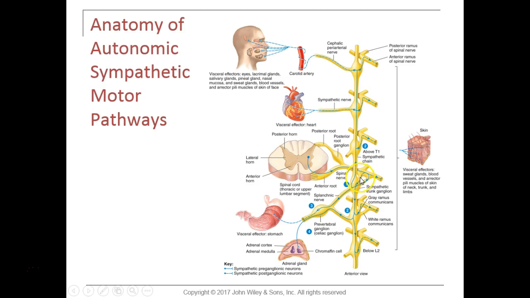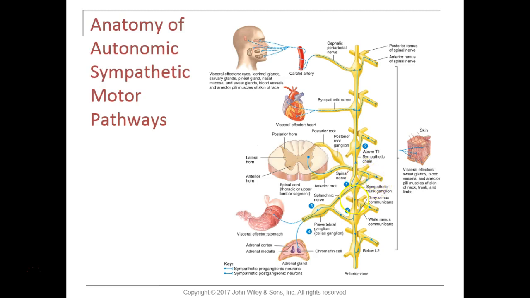It's called the gray ramus because the postganglionic neuron is unmyelinated and it's going to rejoin the spinal nerve. So we have a white ramus and a gray ramus. The white ramus carries the sympathetic preganglionic neuron into the chain ganglion, and the gray ramus carries the unmyelinated postganglionic neuron back out.